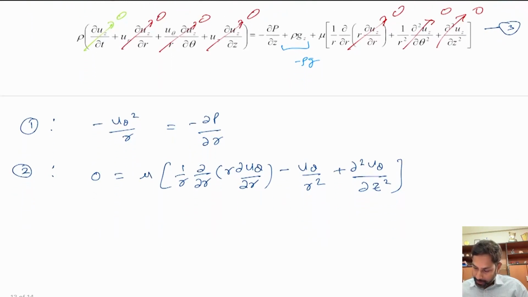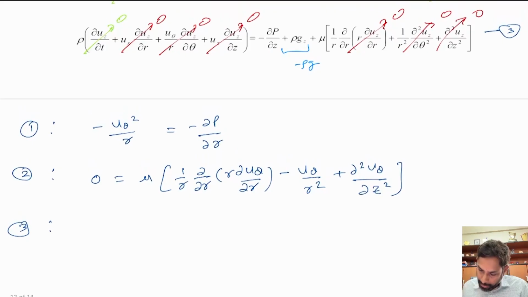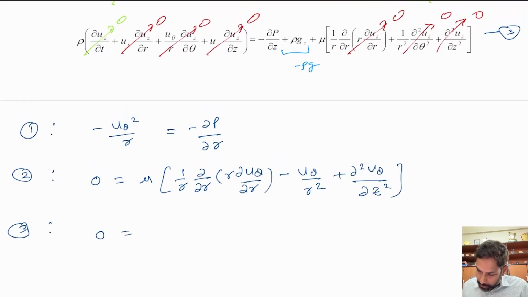All right, and the third equation we have is 0 equals minus dp by dz minus rho g. Okay, so these are the three simplified equations we have from the set of governing equations.